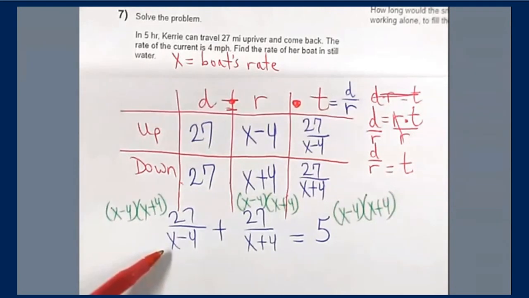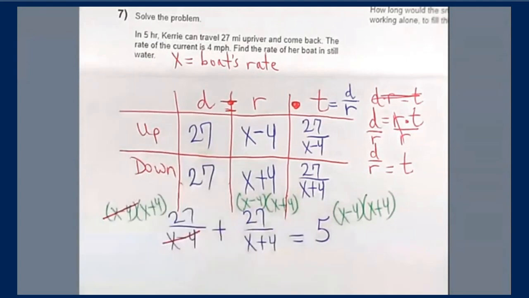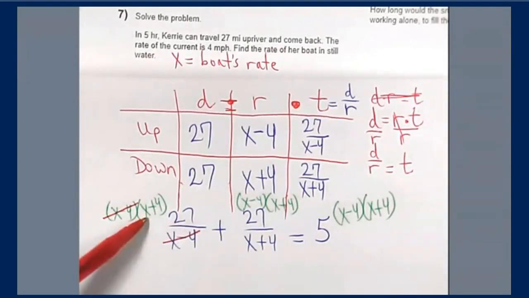In the first fraction, the x minus 4's cancel, leaving us with 27 times x plus 4.